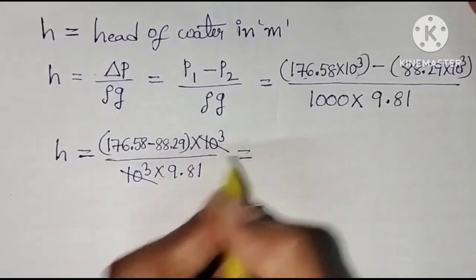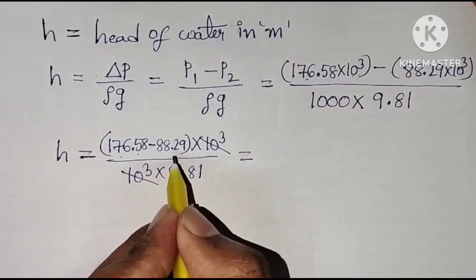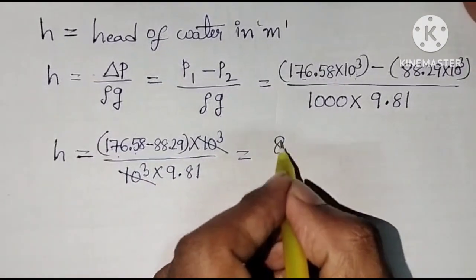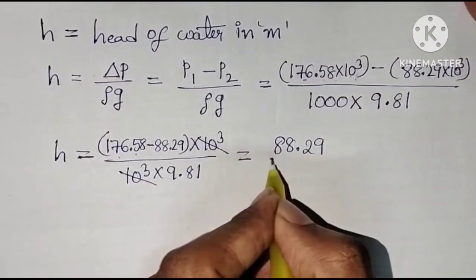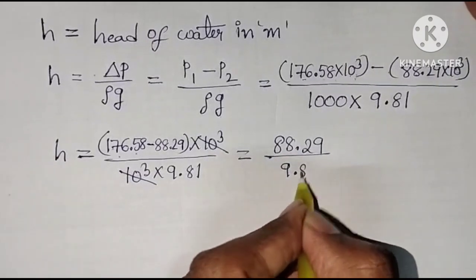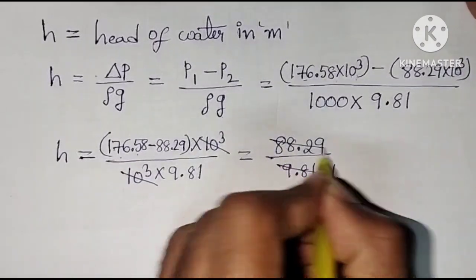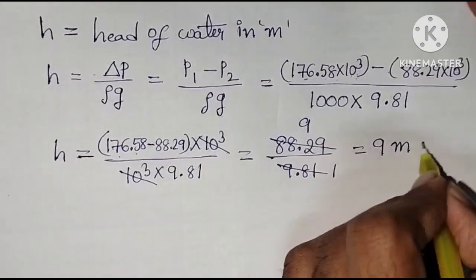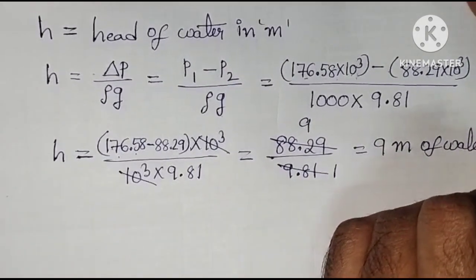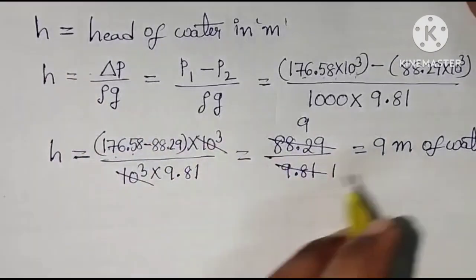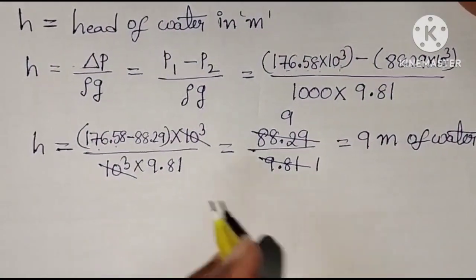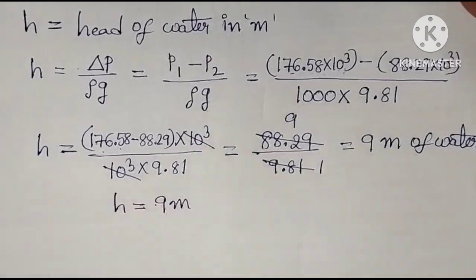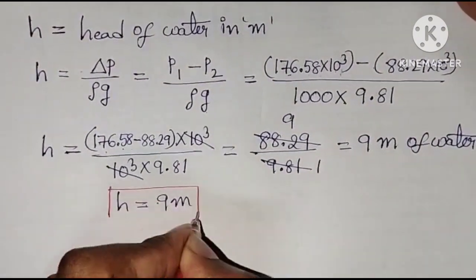The 10 cube gets cancelled. If you subtract 176.58 minus 88.29, you get 88.29 divided by 9.81. That gives 9 meter of water. So head H is equal to 9 meter of water.